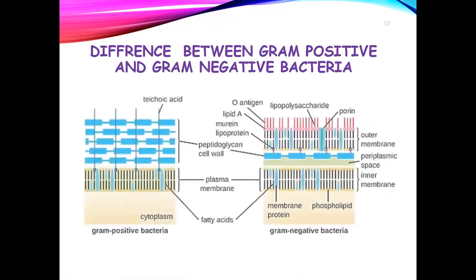Here you can see the difference. Here the peptidoglycan layer is very thick, and here it is very thin. Then this is the outer membrane which consists of the lipoprotein layer. Then this is lipid A and this is the O antigen.